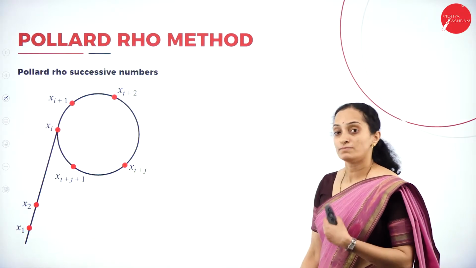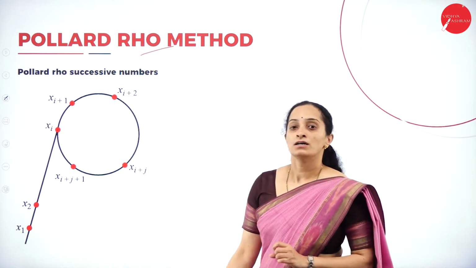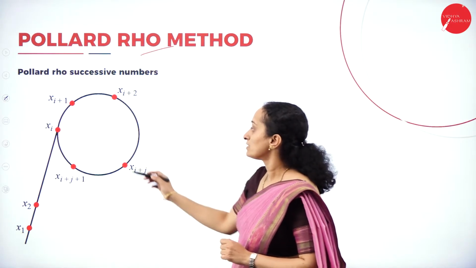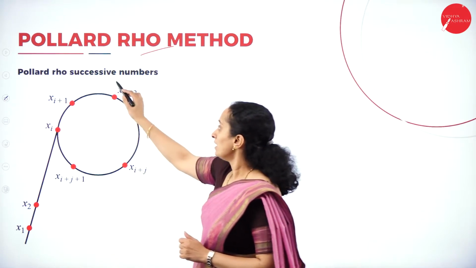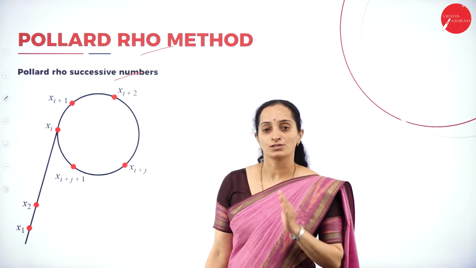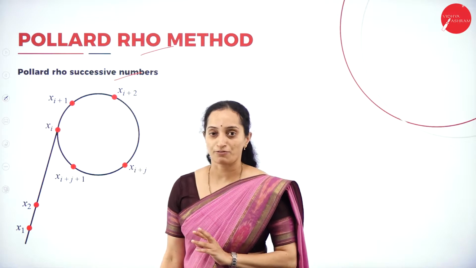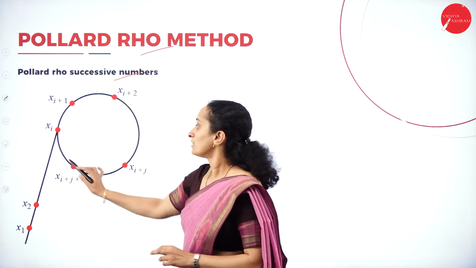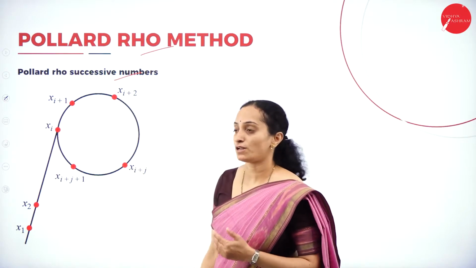We have the improvised method of the Pollard method, that is, the Pollard rho method. It uses a mathematical rho equation for successive numbers. If you have successive numbers for which factors must be found, we have to use this method, that is, Pollard rho successive numbers.